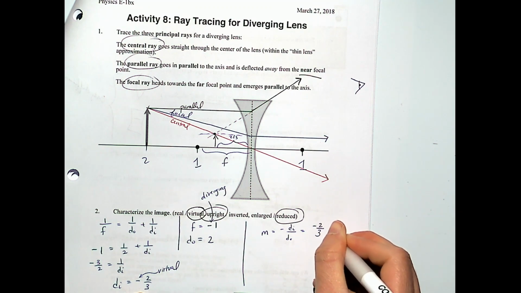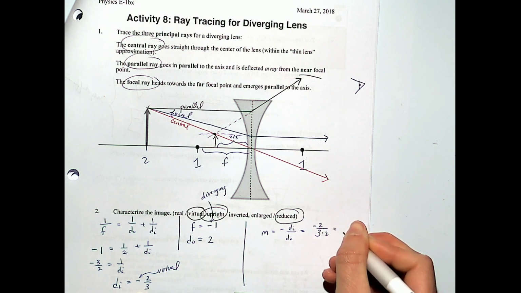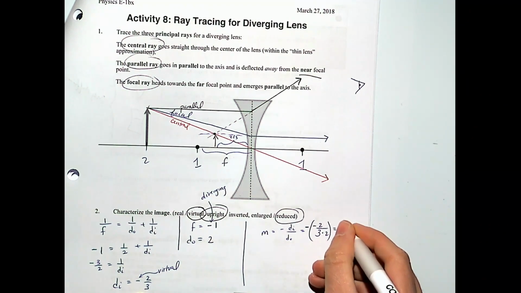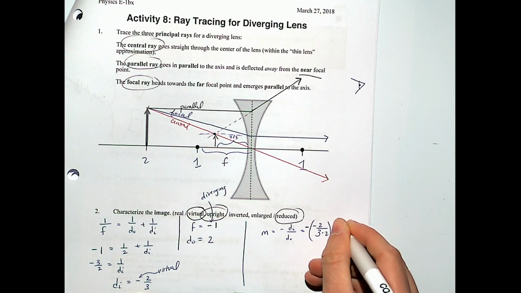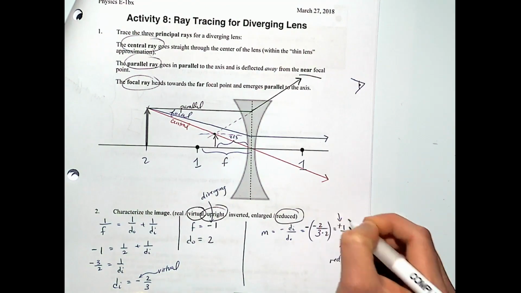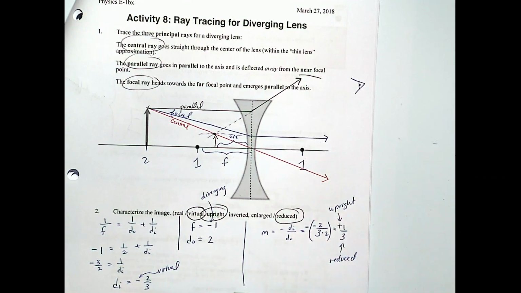Do is 2, so there's a 2 in the denominator here. And I need another negative sign, right? Negative that, which is 1/3. So it's positive 1/3. This means it's reduced, because 1/3 is less than 1, and the positive sign tells us that it's upright. So we got the same thing.